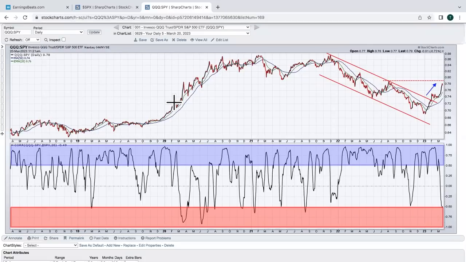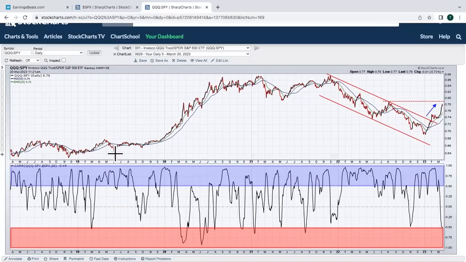So what I'm doing is on the upper half of this chart is I'm showing you how the QQQ is performing relative to the spider. And then in the bottom panel, I'm showing you whether or not the direction of that ratio, what kind of correlation does it have with the direction of the S&P 500? So in other words, when the Nasdaq is outperforming the S&P 500, does the S&P 500 usually go up during that period?